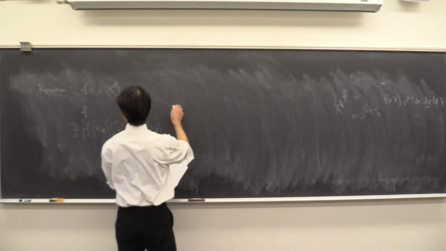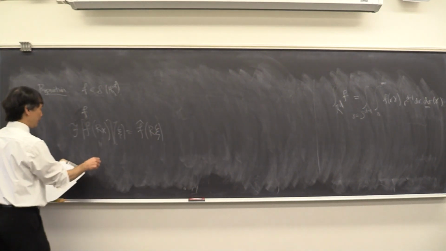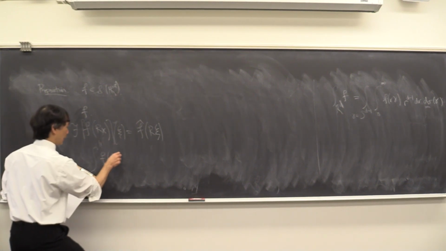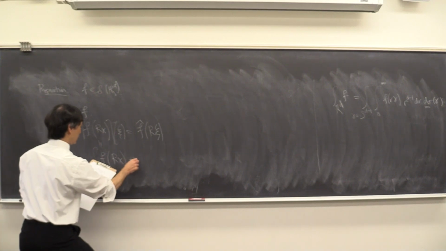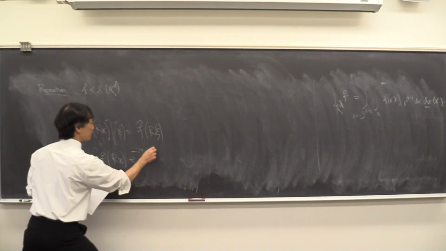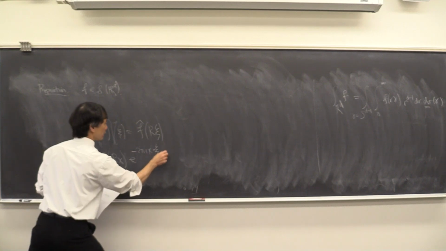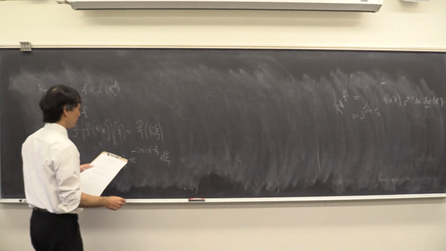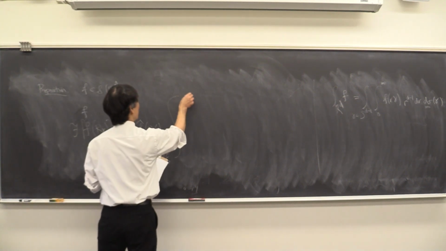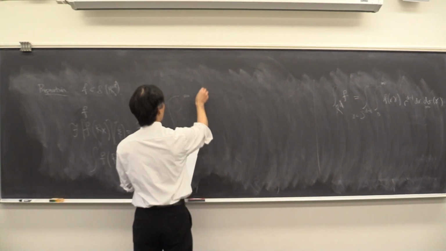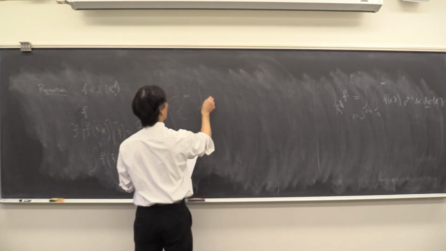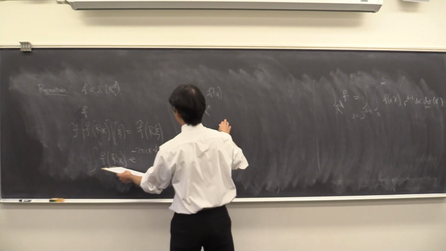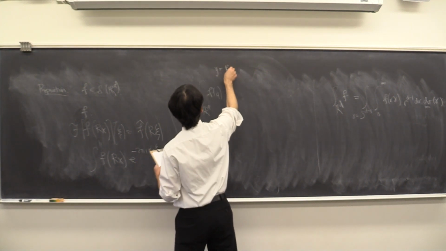You say, well, look, this thing on the left is the integral of f(Rx) e^(-2 pi i x dot xi) dx. But then doing a change of variable, let y be R of x.